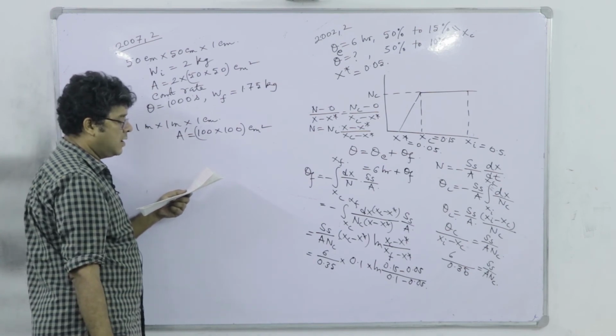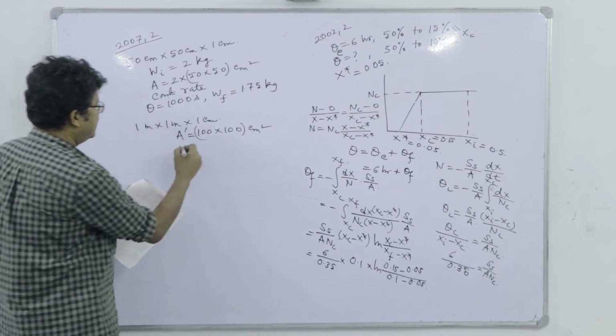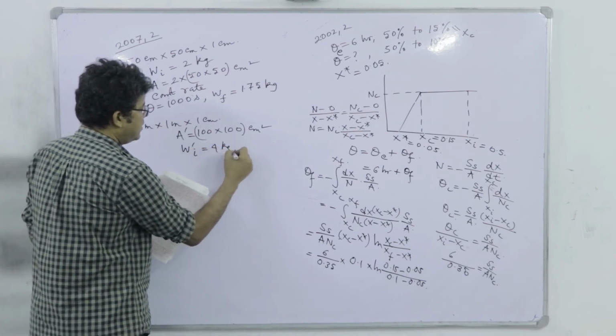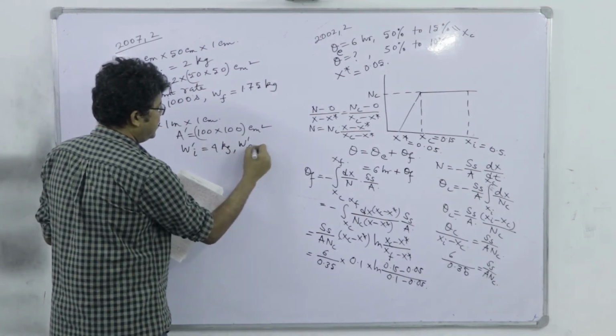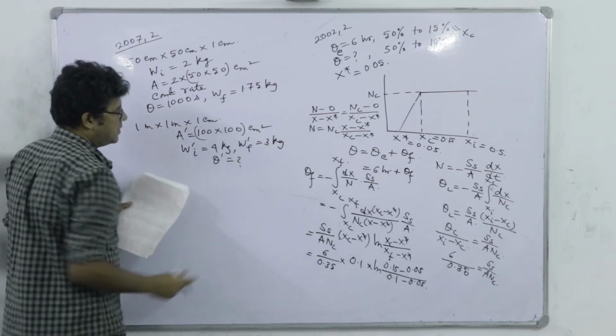Now the time required for drying from initial weight of 4 kg and final weight of 3 kg. So you have to solve for theta.